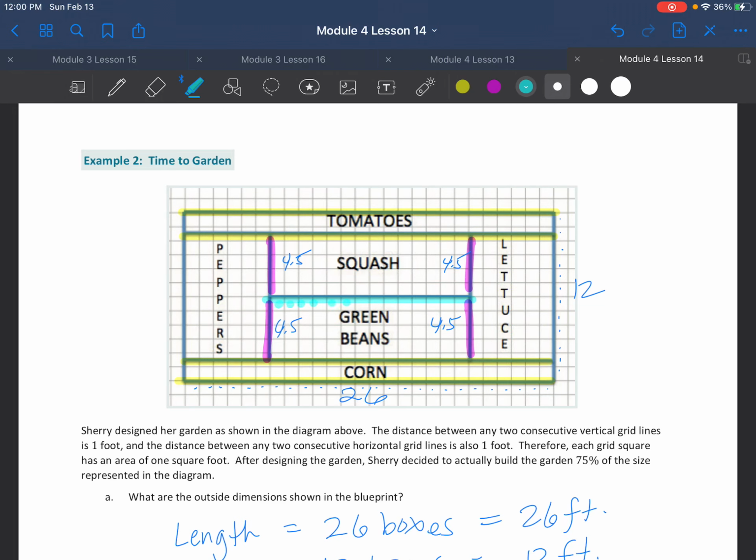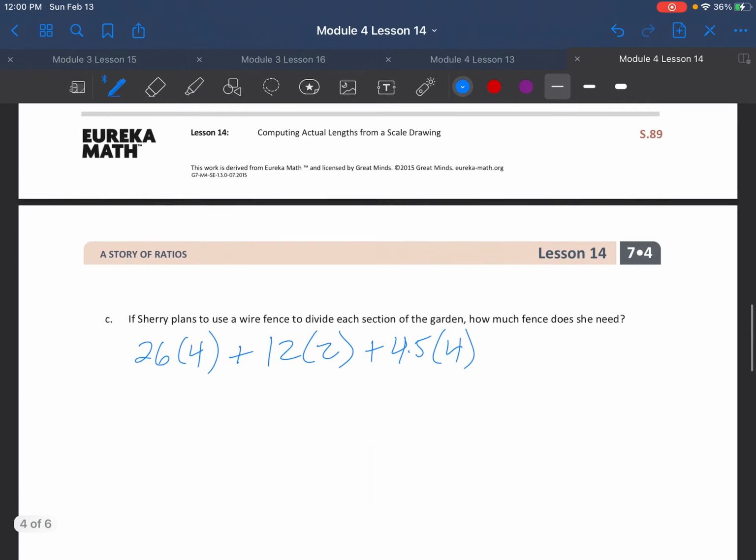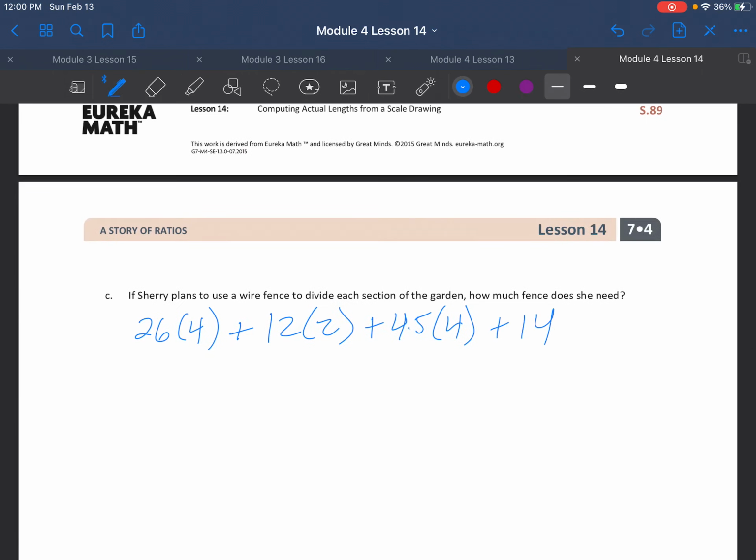So we're going to add 4.5 times 4. And then the last one we have, what are we missing here? Oh, this center one right here. 1, 2, 3, 4, 5, 6, 7, 8, 9, 10, 11, 12, 13, 14. All right, that one measures 14, so we're going to add 14.